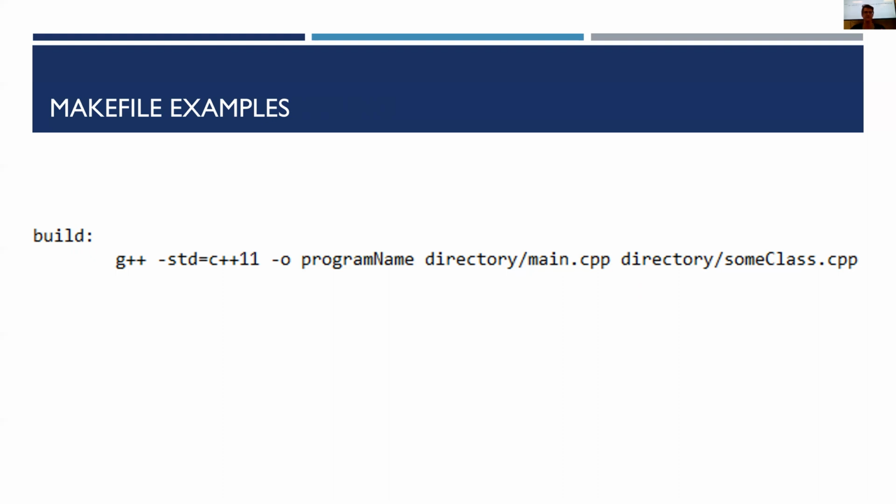You're going to have -o to say that's the output, and then you're going to have the program name, and then you're going to have the files that you want to be included when you run this program in the makefile, and you only include the source files. You don't have to include the header files in the makefile. So this is just an example of a makefile. It's not super complicated, so don't overthink it. Just do this if you ever need to make a makefile.